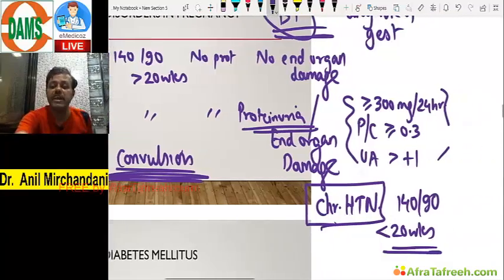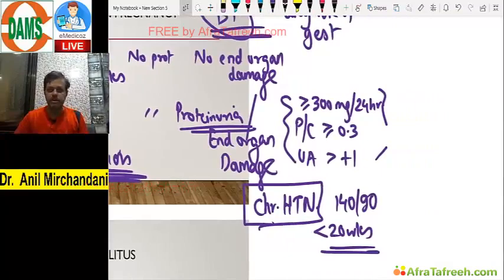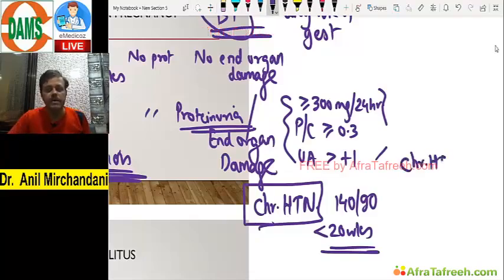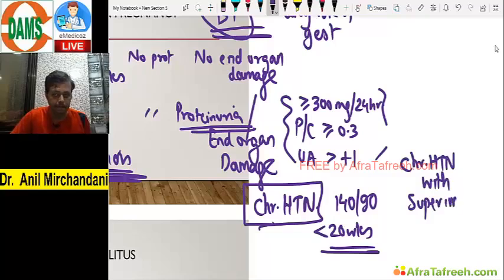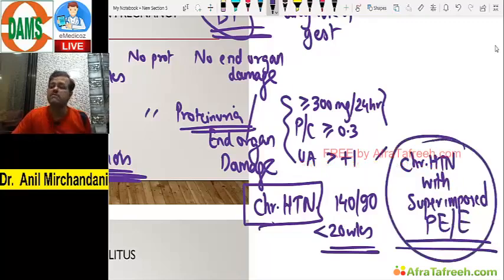If any chronic hypertensive patient develops new proteinuria or worsening proteinuria or end organ damage, you are dealing with chronic hypertension with superimposed preeclampsia or eclampsia, if there is new proteinuria, worsening proteinuria, or end organ damage which was not there before.